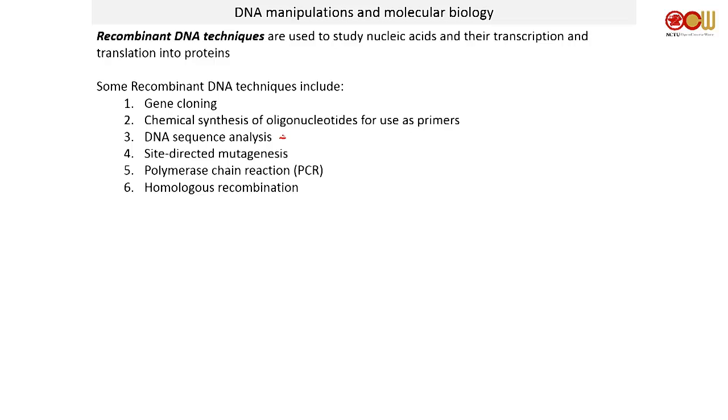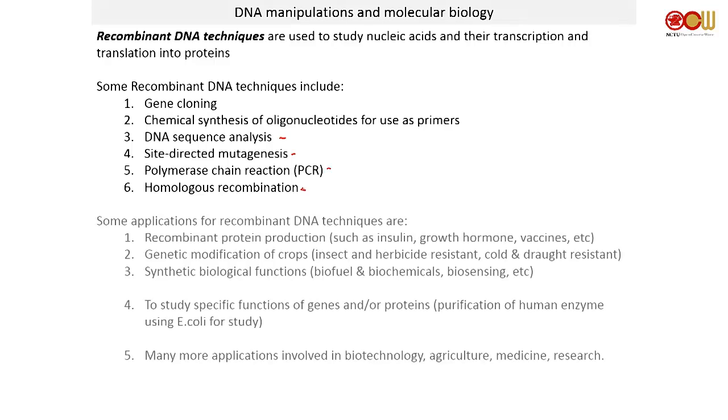That's important because we need to know the sequence of the gene that we're working with. You can do site-directed mutagenesis. We can evolve proteins. I actually do this in my lab a lot, where we generate non-natural enzymes for a particular purpose. PCR, and homologous recombination, which is a method in which we can deliver genes into an organism.